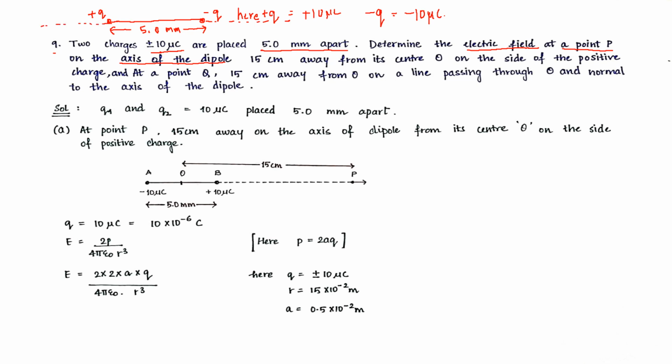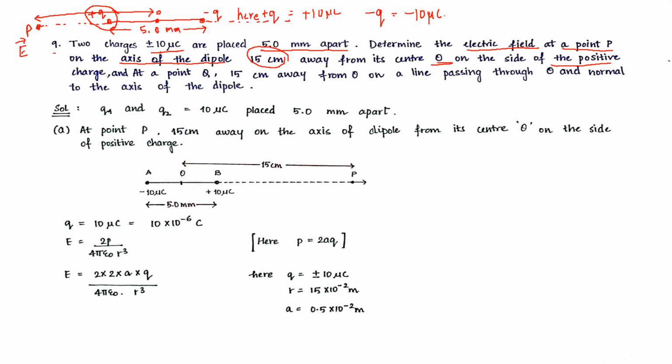We'll read further to understand which side they are saying. 15 centimeter away from its center O on the side of positive charge. So this is our positive charge. The center of dipole is this, this is O. From this center, we have to find the electric field at this point P.